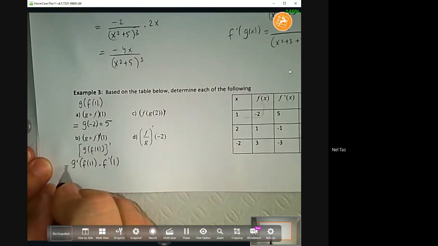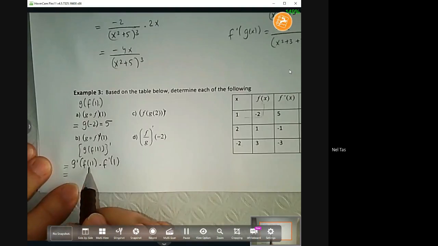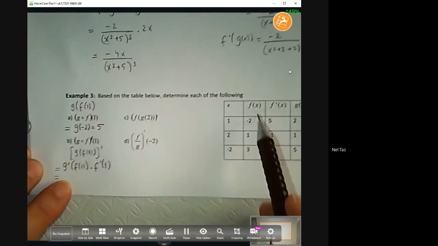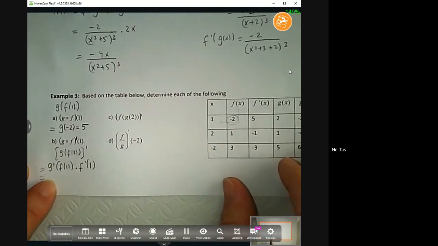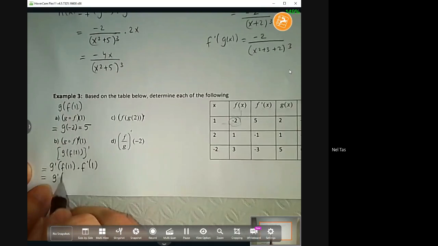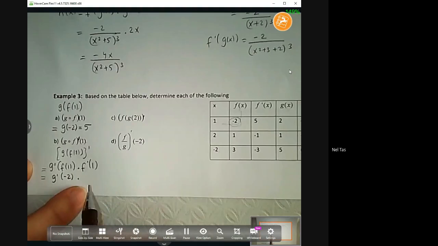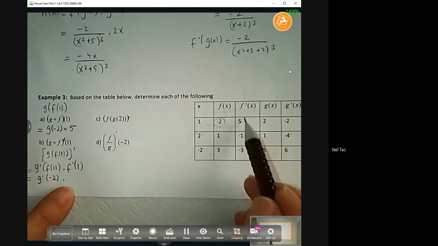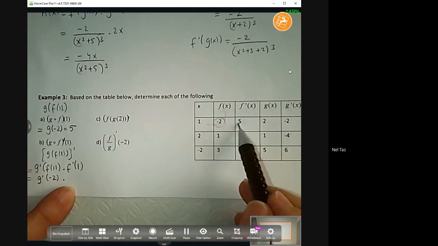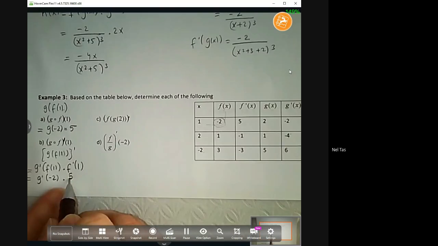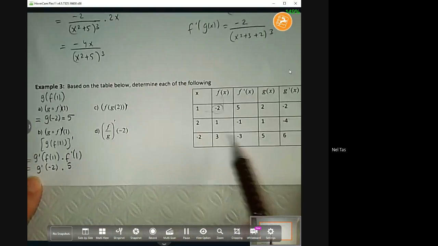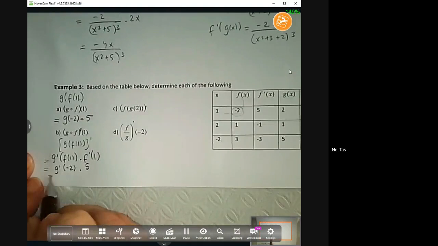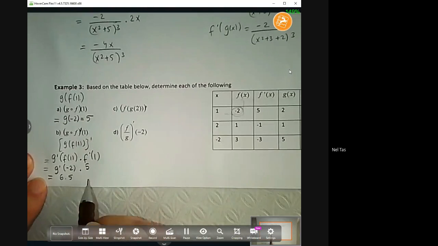Okay, so g prime of f of 1. So first find f of 1, f of 1 is negative 2. Okay, so g prime of negative 2 times f prime of 1. F prime of 1 is 5. So g prime of negative 2 is 6. So you get 6 times 5, which is 30.